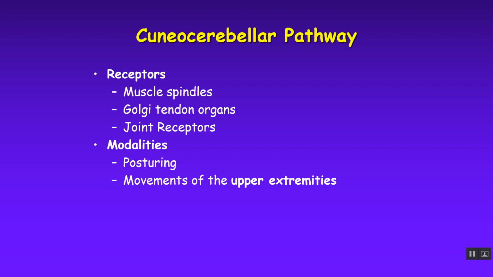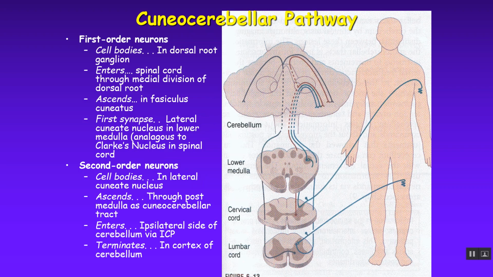Same types of receptors, muscle spindles, Golgi tendon organs, joint receptors from the upper body, same types of modalities of sensing your position, movement of the body, but unconsciously. So again, since this does not go to the cortex or the thalamus, it only has two orders of neurons, first order and second order.